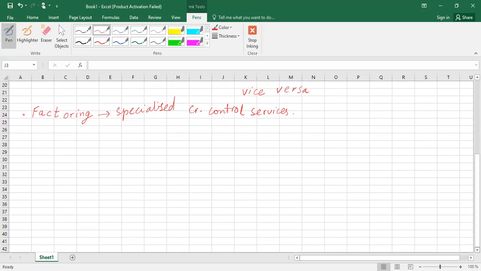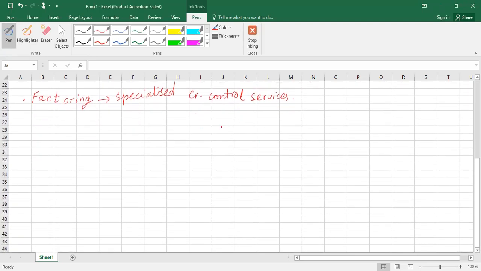What is meant by specialized credit control services? Basically, factor organization is offering you that they are capable to reduce your receivable days. They are capable to reduce your receivables. And the other one is they are also offering early cash, or I would say cash in advance.